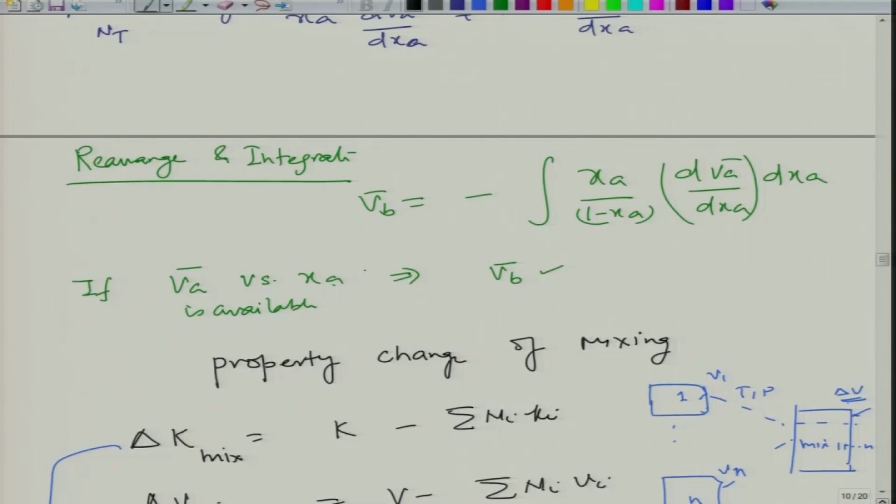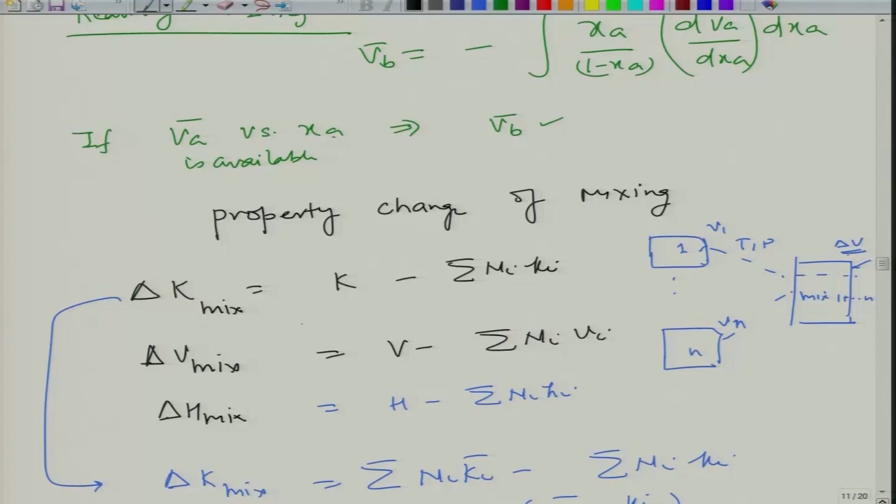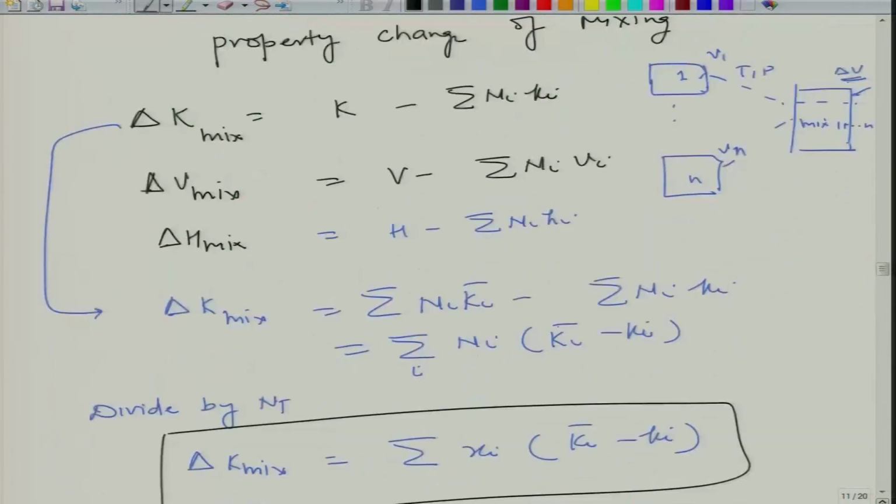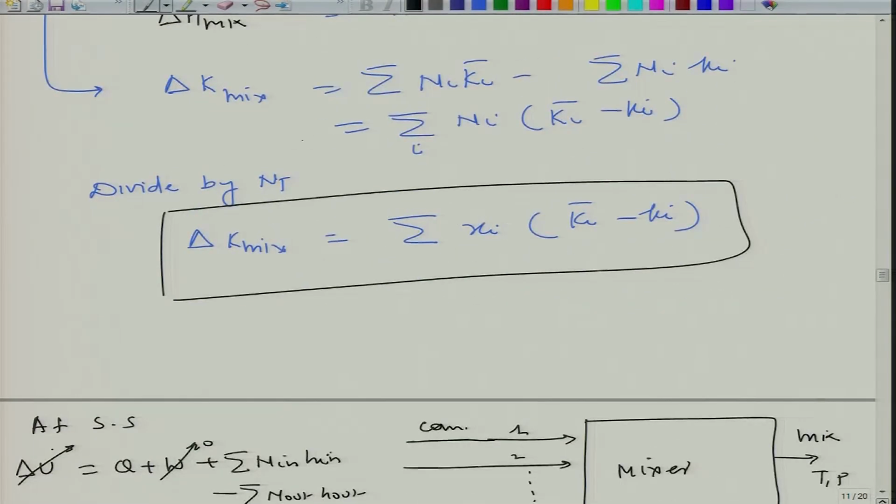Then we also talked about the property change of mixing, that means how much change there is in a given extensive variable K when you mix a few components. We can generalize this as K minus the summation of Ni Ki, and then we divided by n and obtained that delta K mix is nothing but the summation of Xi times (Ki bar minus small ki).